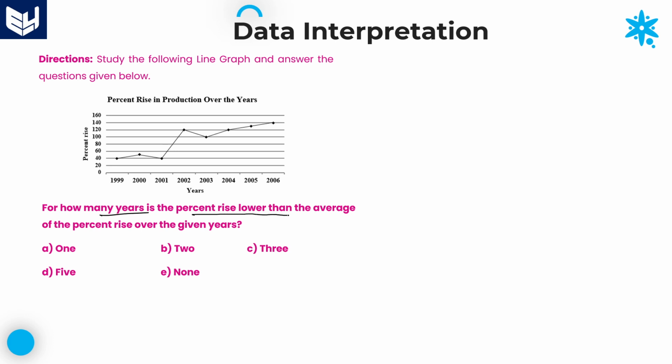percentage rise is lower than the average of percentage rise over the given years. In order to solve this question, first of all you need to calculate the average percentage rise.